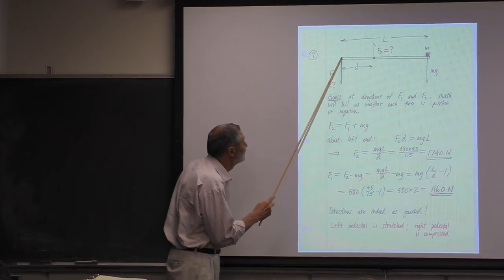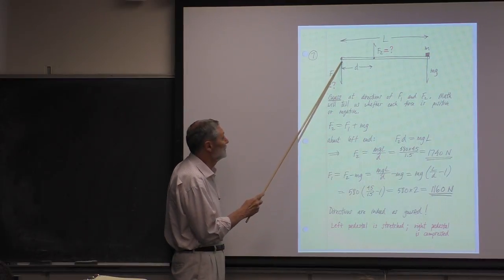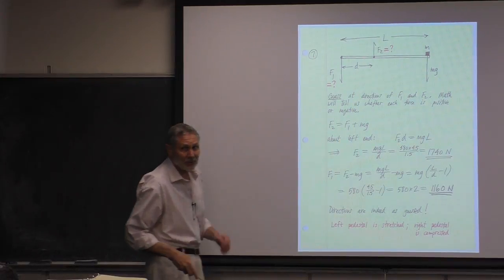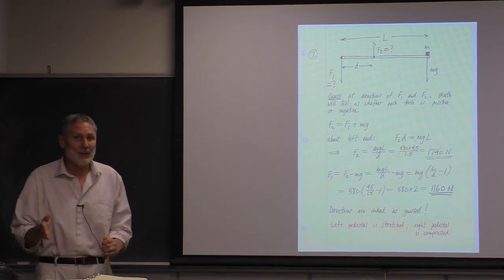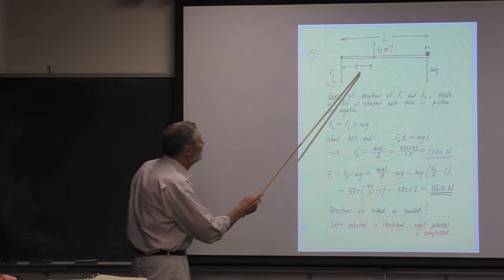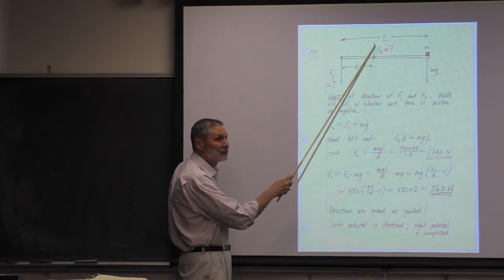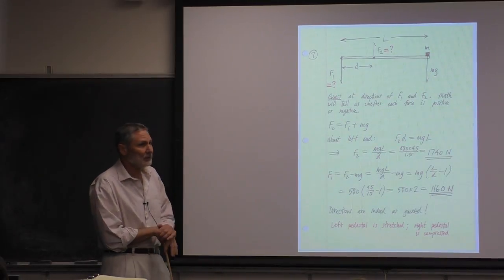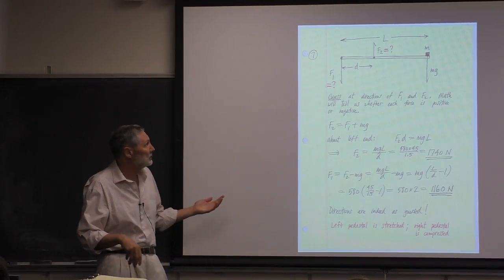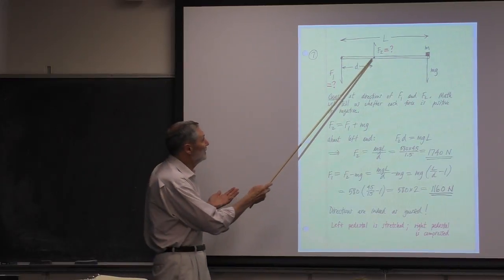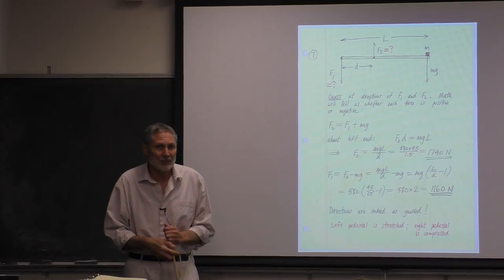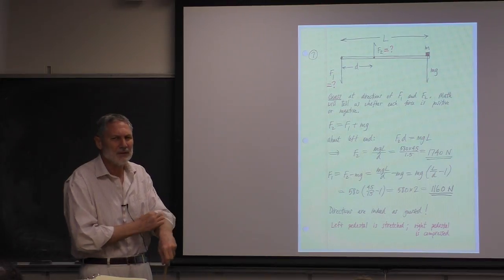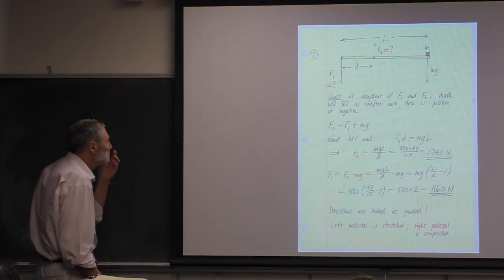The force here, exerted by this pedestal, has to be downward on the board, and the one here is going to be exerting a force upward on the board. But if you don't see that, it doesn't matter. You can just guess. We're going to call this the positive direction of F2, and call this the positive direction of F1. We're free to do that. And if the math gives us a negative value for either one of these, then it points in the opposite direction. We've talked about this before, right? In fact, I think we talked about it recently. We've talked about it several times in this course.